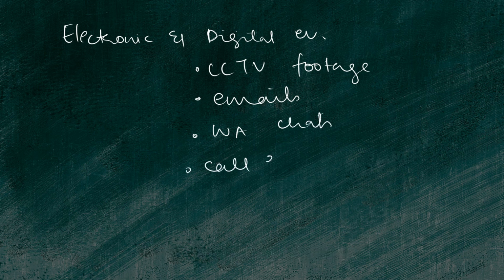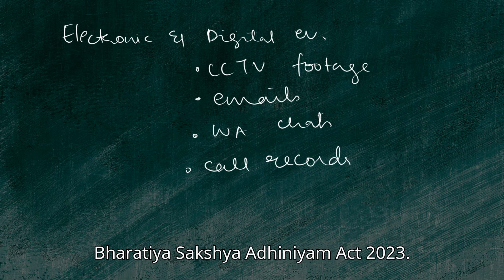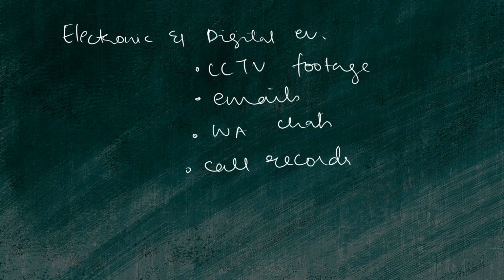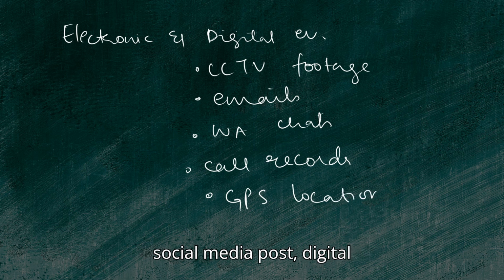All of these are considered as evidence under the Bharatiya Sakshya Adhiniyam Act 2023. Electronic evidence can also include GPS locations, your social media posts, digital contracts, or mobile phone data, etc.